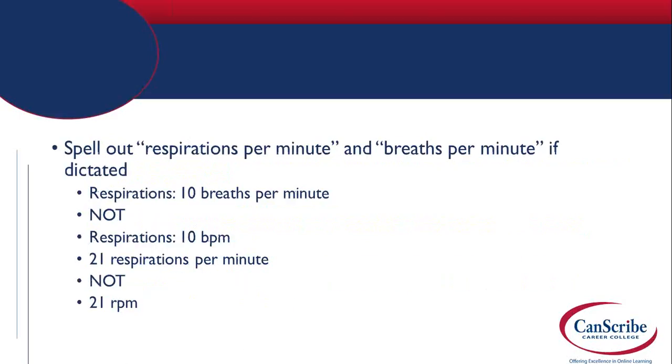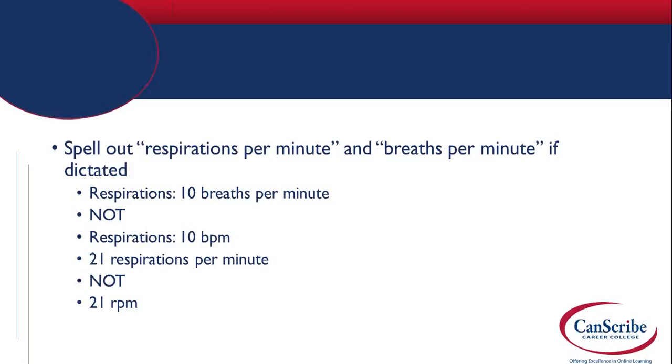Sometimes when doctors are talking about respirations per minute or breaths per minute, they may actually abbreviate that. They may say he had 10 BPM or 21 RPM. You want to be sure that you spell those out and not abbreviate them.